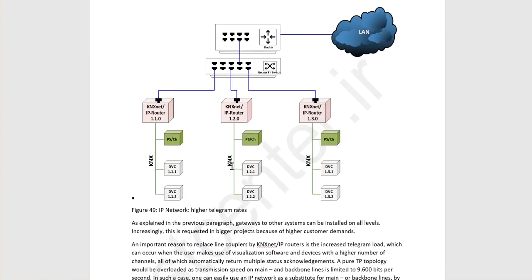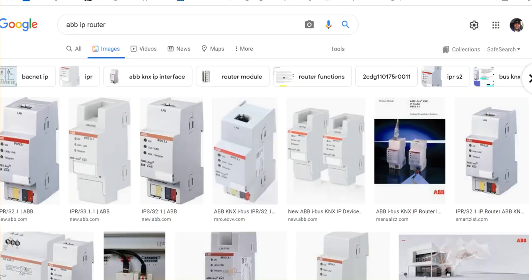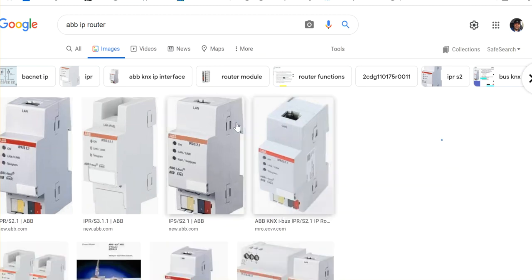Of course, instead of using the line coupler, we can use an IP router. So what does the IP router look like? You can see here, the secondary side is a KNX connector, and the primary side is the RJ45 that you connect to Cat5 or Cat6.